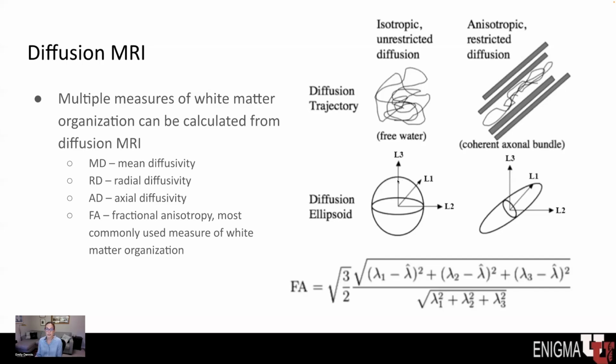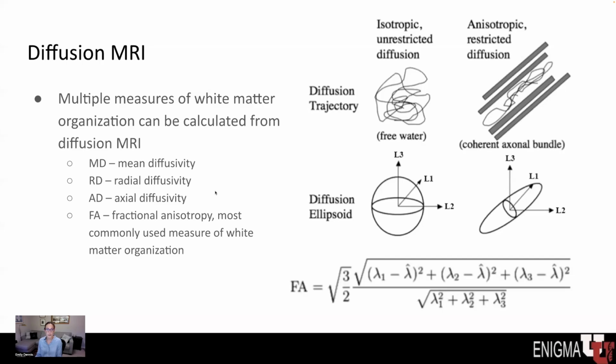We can model this as an ellipsoid in the brain. When things are moving equally in all directions, it's basically a sphere. But in voxels that are representing a bunch of axon bundles, the water might move more along the length of the axon bundle rather than across it.